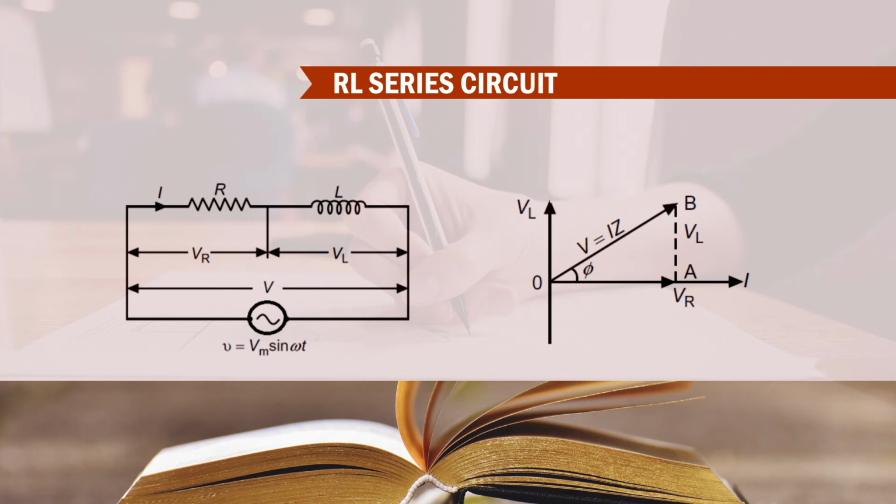So this OA is the voltage across pure resistance, and voltage VL, shown by AB, is across the pure inductor. This OB quantity shows the total voltage V across resistance and inductor.